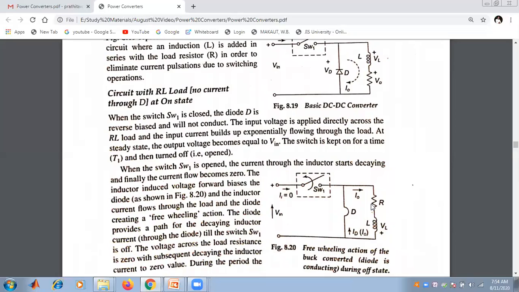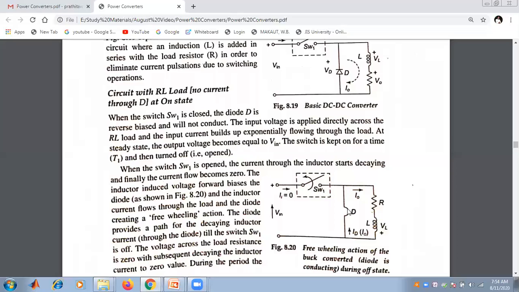I am telling that the current through the inductor is decaying and finally becomes zero. That means there will be some path for the current to flow in order to decay, and the current will flow through that particular path.